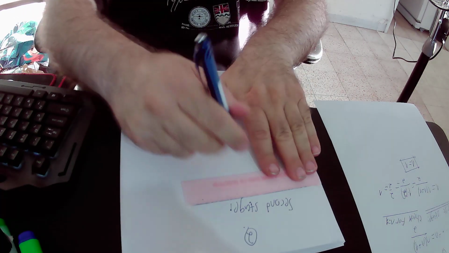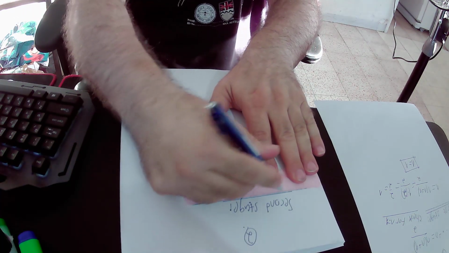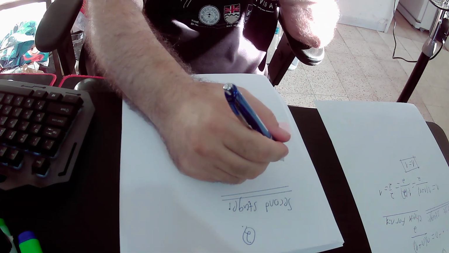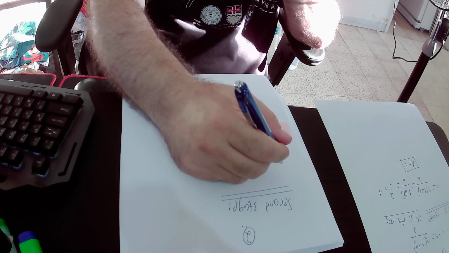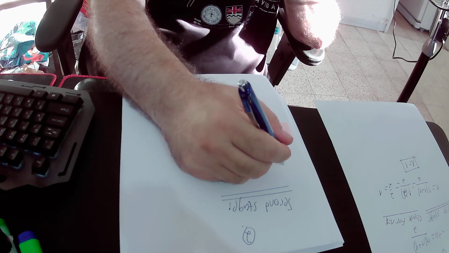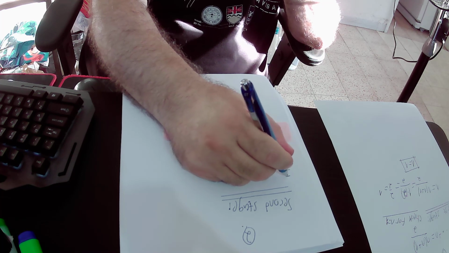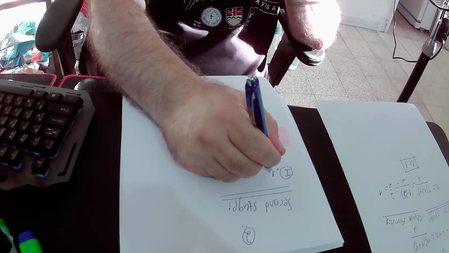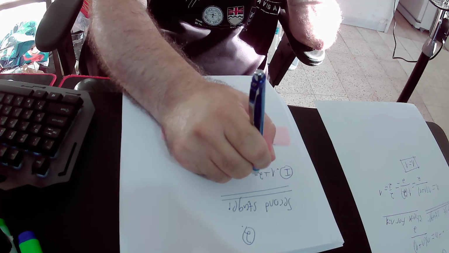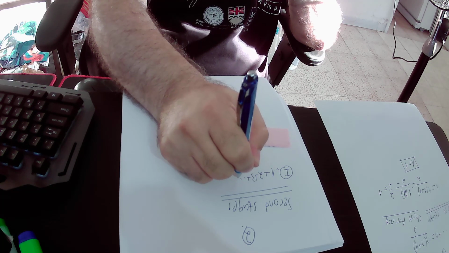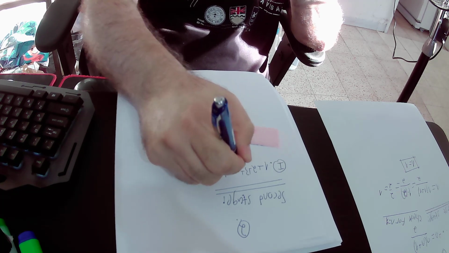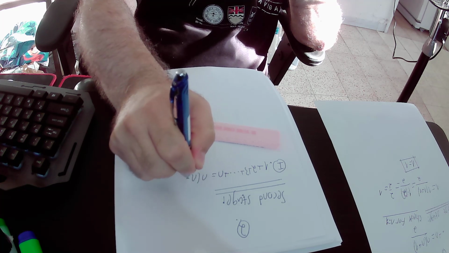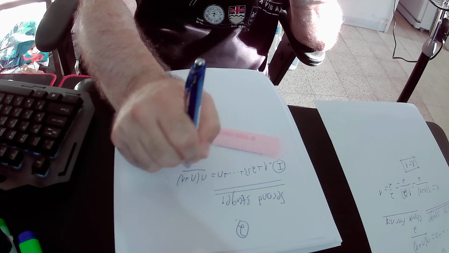Okay, so first of all we will create the first expression or equation for n, and the expression for n will be 1 plus 2 plus 3 plus n equals n times n plus 1 divided by 2.